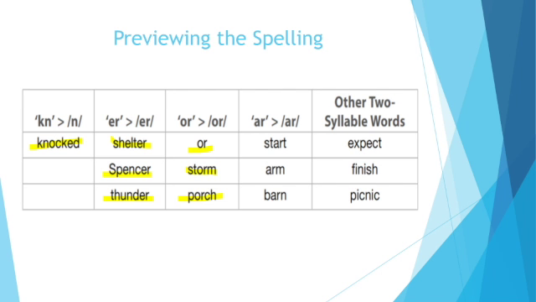AR says R, like in the words start, arm, and barn. Now, there are other two-syllable words in your stories that you're going to see. The first one is expect, finish, and picnic.